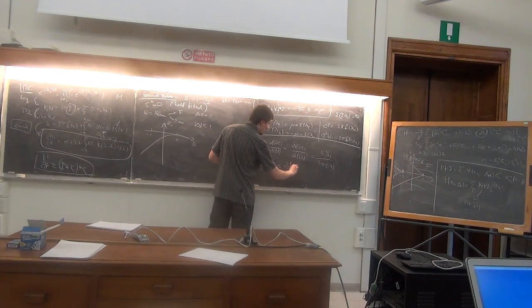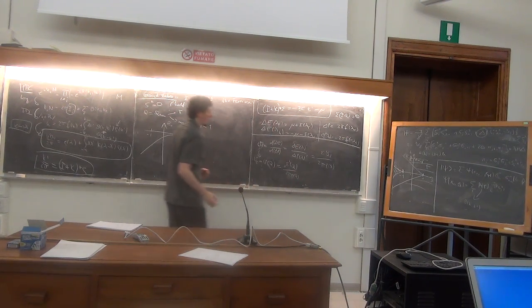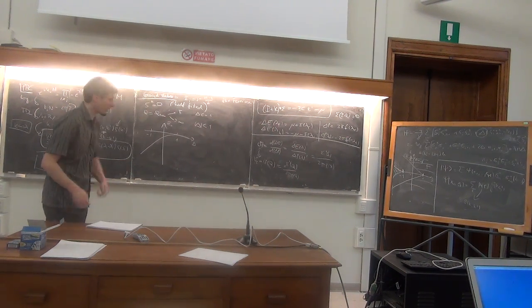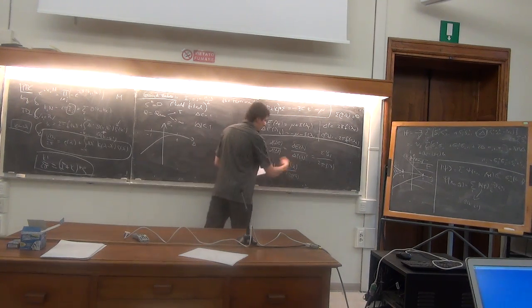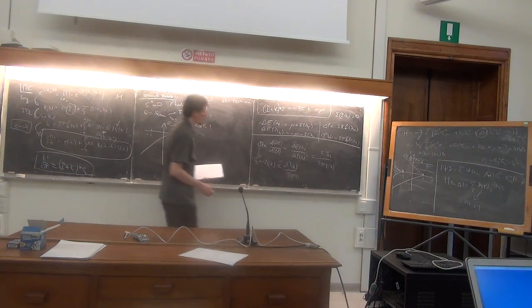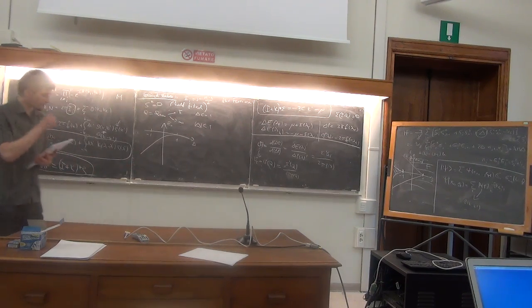Okay, so we have to take the derivative of epsilon in Q and divide it by 2 pi rho in Q. And by this we can compute the velocity of sound.